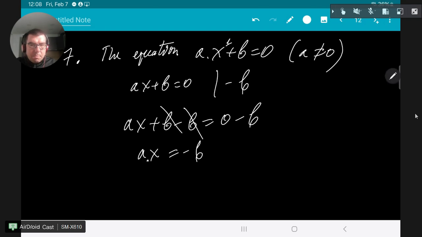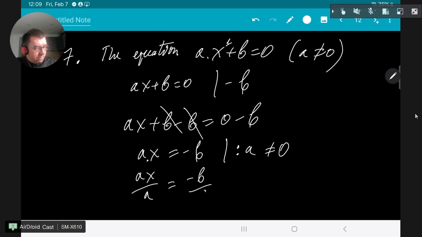A is with multiplication on the left, so the common language is to say I move it to the other side with the opposite operation, division, so it will become minus b divided by a. But technically I just divide both sides by a, since a is different from 0, so I get ax over a equals minus b over a, and a will cancel, and finally x equals minus b over a is a root.